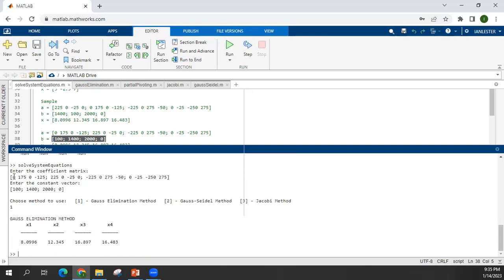See, though the original matrix given by the user has zero diagonal elements, it was still able to give us the right answer. That's because of partial pivoting: the program was able to interchange the rows so that the diagonal elements are non-zero. Now let's try Gauss-Seidel.